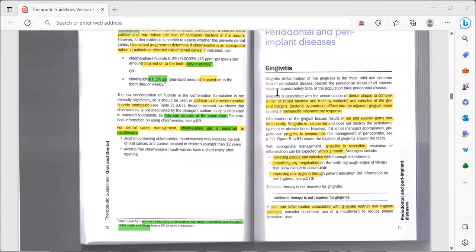Likewise, for gum issues, dental plaque is also the most important cause, which is a complex biofilm of mixed bacteria and their byproducts, and calculus at the gingival margin. Bacterial byproducts diffuse into the adjacent gingival tissue, causing a non-specific inflammatory response.